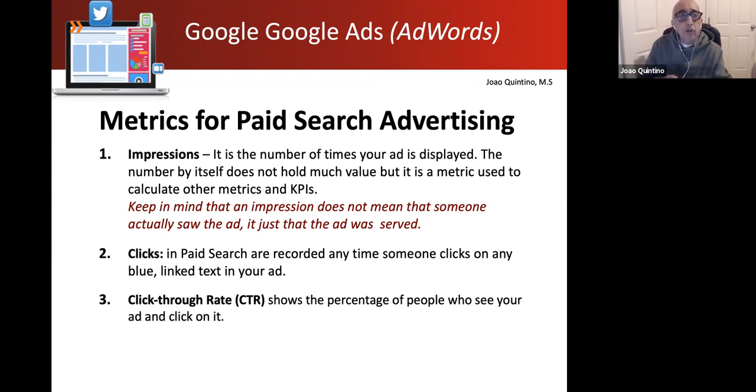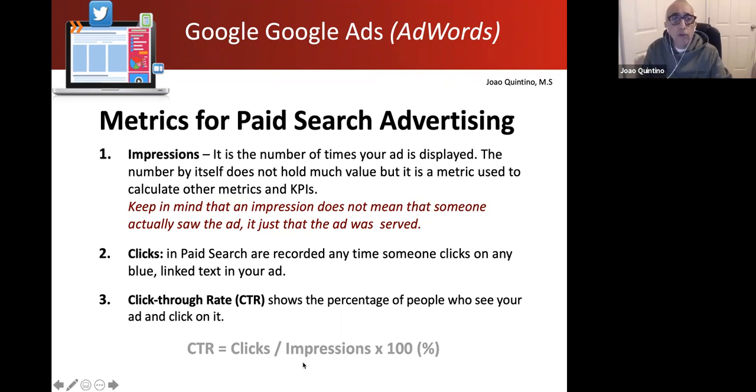Then another metric is click-through rate. That's the relationship between the times your ad shows up and how many times people click. The calculation is the number of clicks divided by the number of impressions, times 100, which gives you the click-through rate percentage.